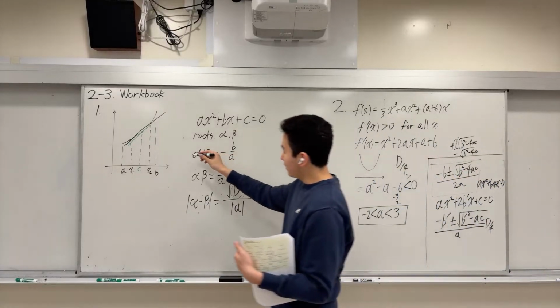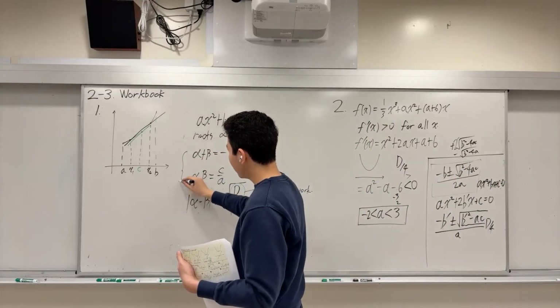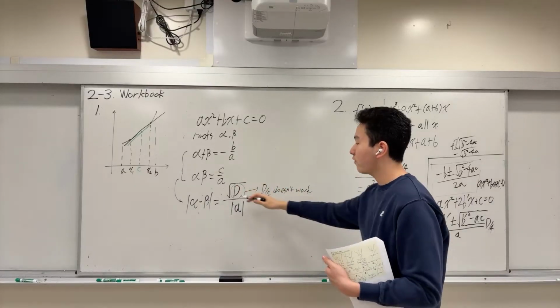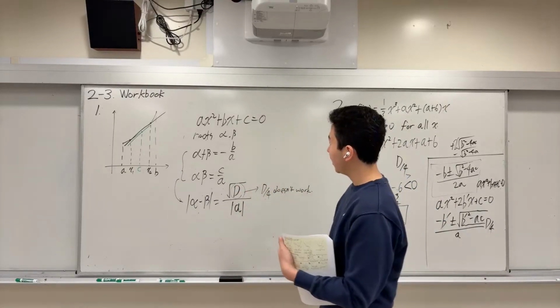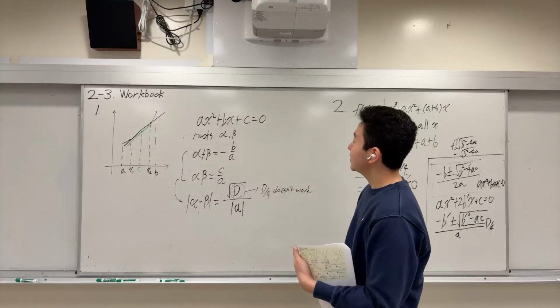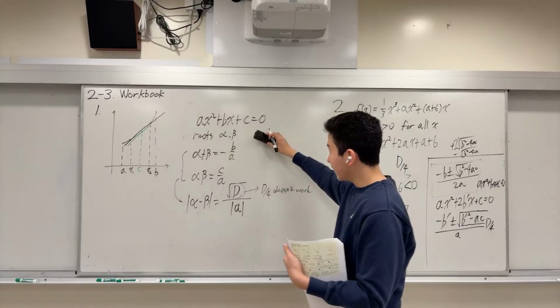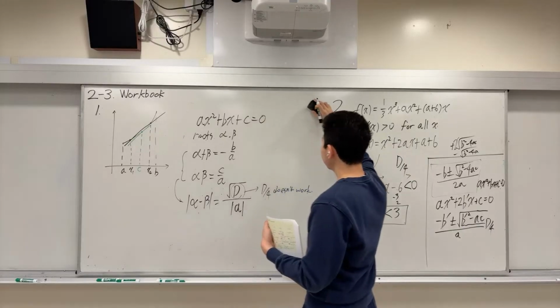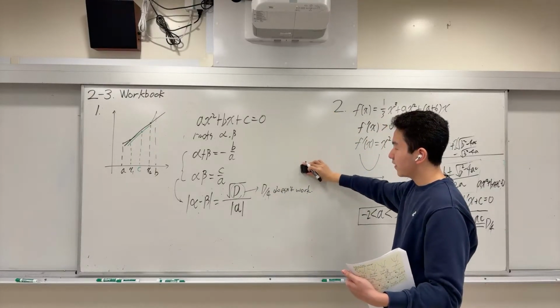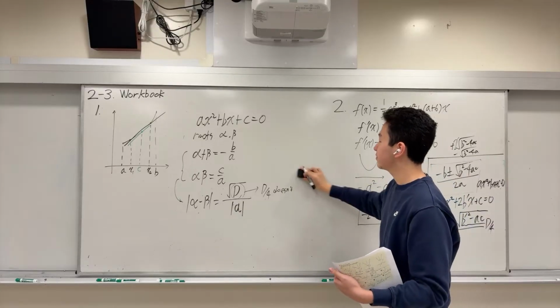I hope you can memorize at least these two, and knowing the difference formula is also very helpful. Square root of D over absolute value of a. Okay? There is an extension for this with cubic equations and general polynomial equations, but we'll cover that when we need to.